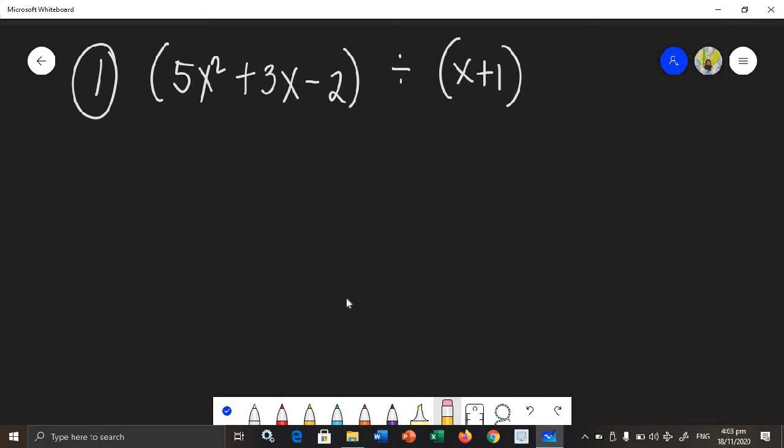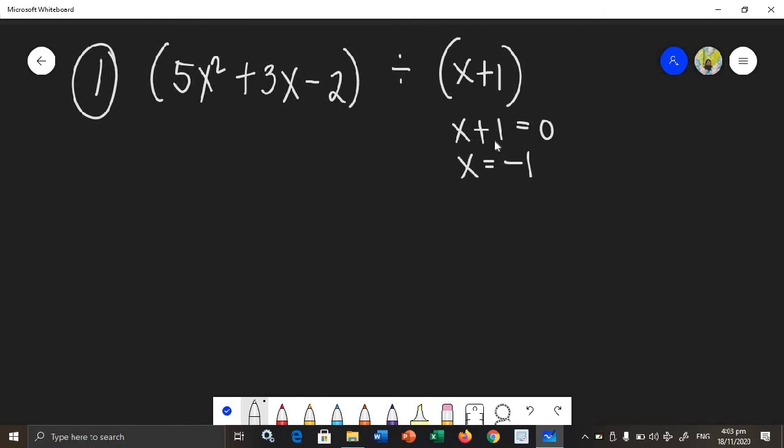We will equate the divisor to 0 to find the value of c, which is your constant. So, x plus 1 equals 0. Then we transpose the 1 to the right side, and this is now the value of your c, which is negative 1.